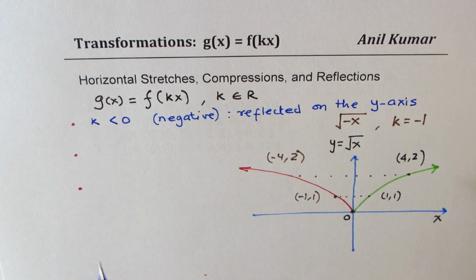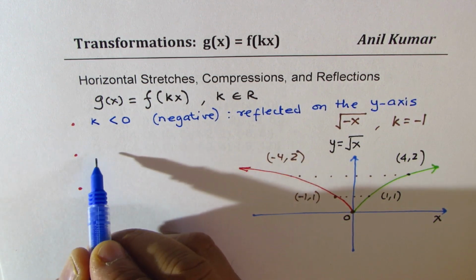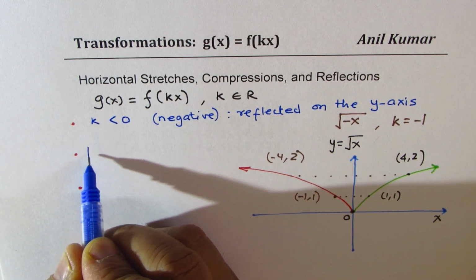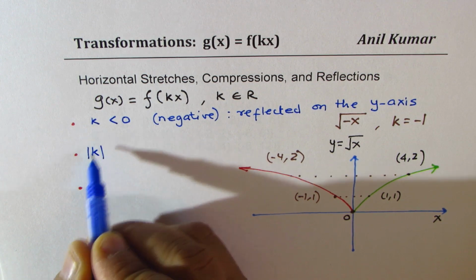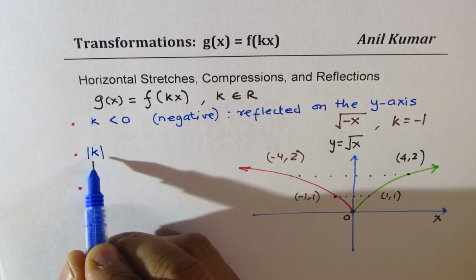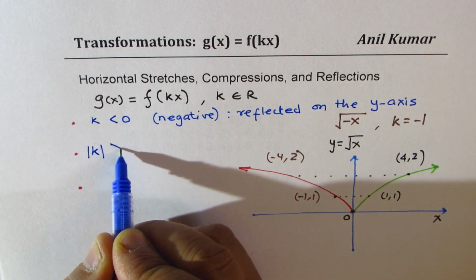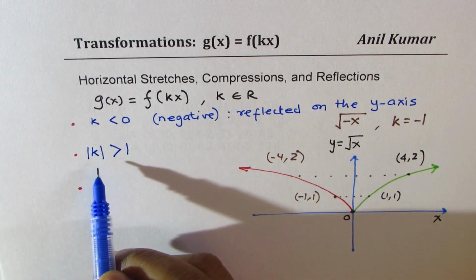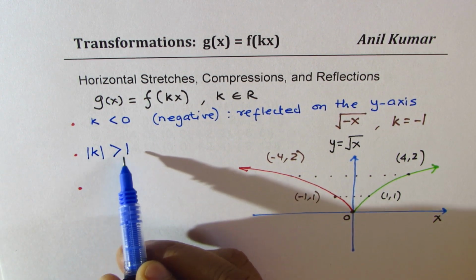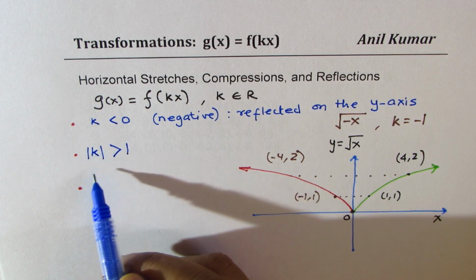Now let me talk about the absolute value of k. It could be negative or positive, but the absolute value is greater than 1. That means it could be like minus 2, or even 2, 3, 4.